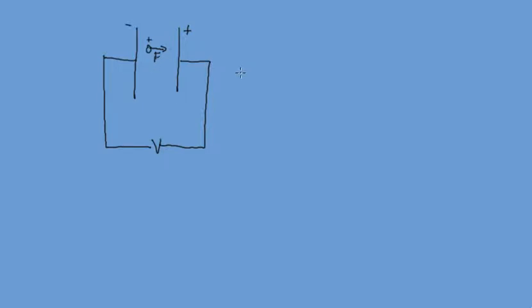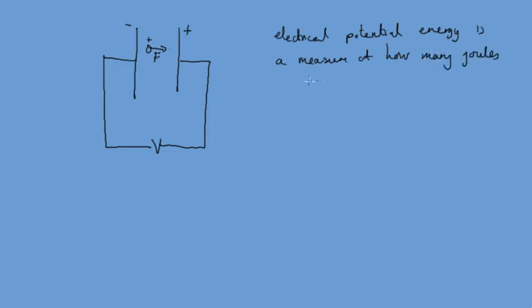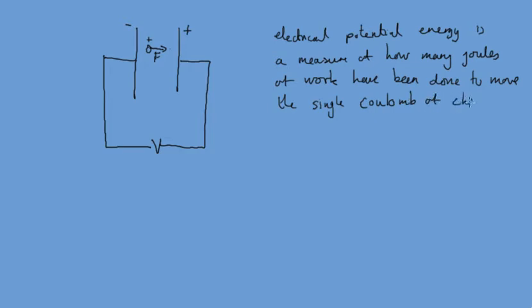This means the electrical potential energy is a measure of how many joules of work have been done to move the single coulomb of charge to its current position.